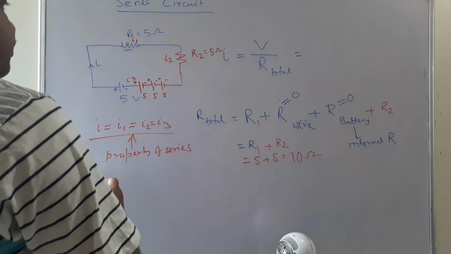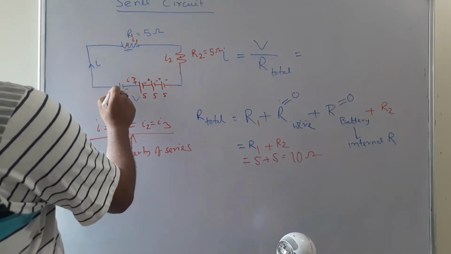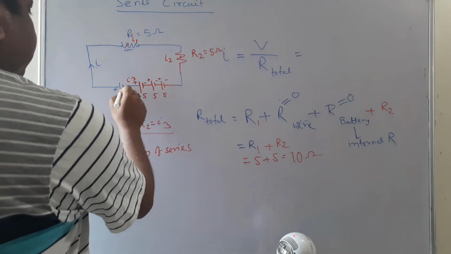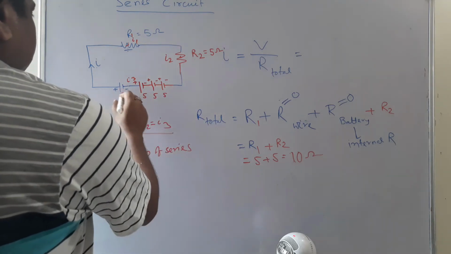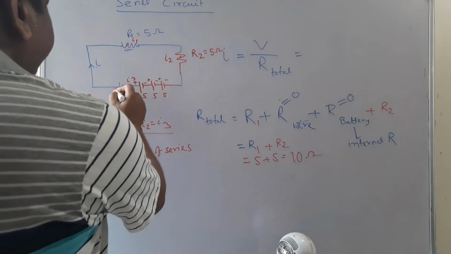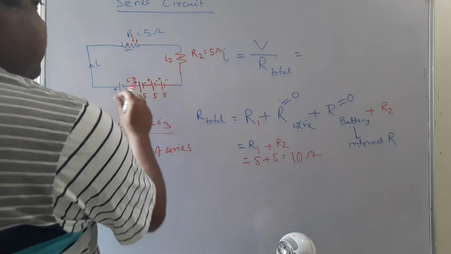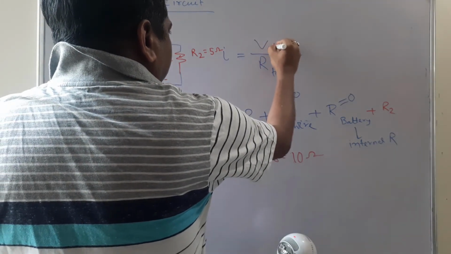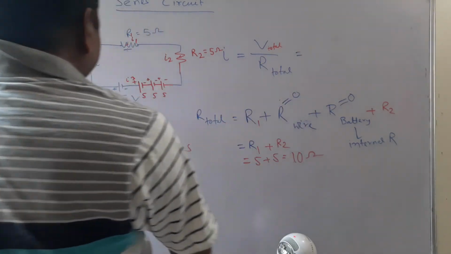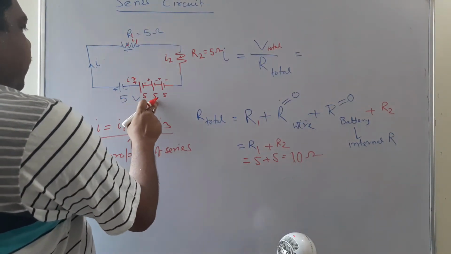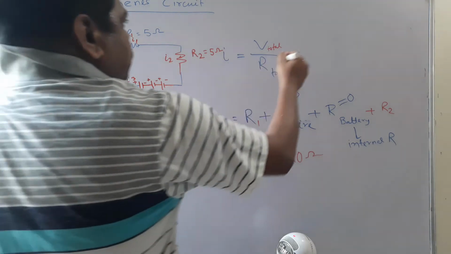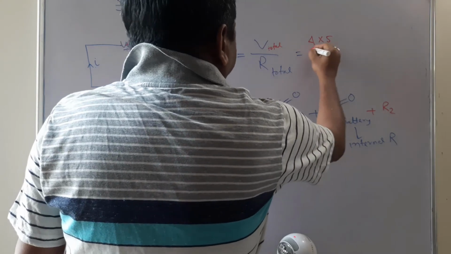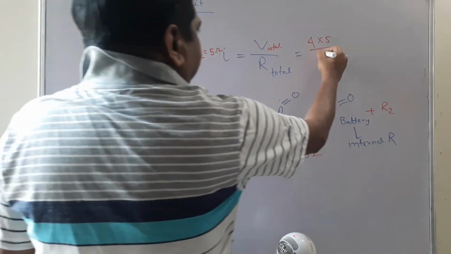And now if you see the voltage, all those voltage sources are connected in series. Basically these are the batteries, right? So you have connected all the batteries in series, so that V total equal to 5 volt plus 5 volt plus 5 volt plus 5 volt, right? So it will be 4 into 5 volt, divided by the resistance 10.